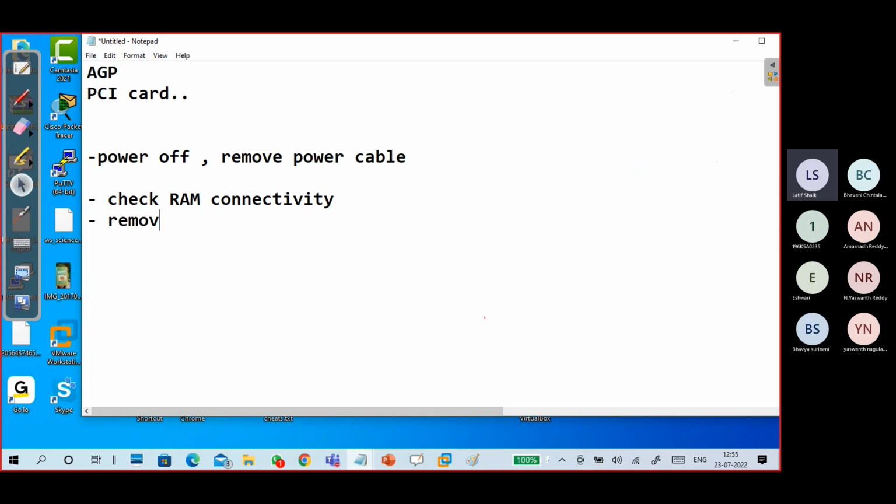So check the RAM connectivity. Remove the RAM from the socket.